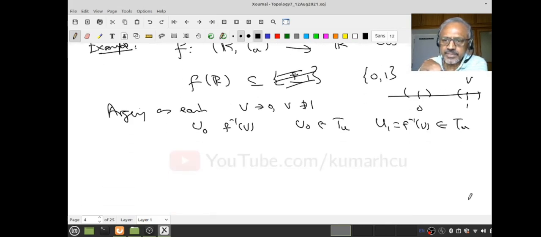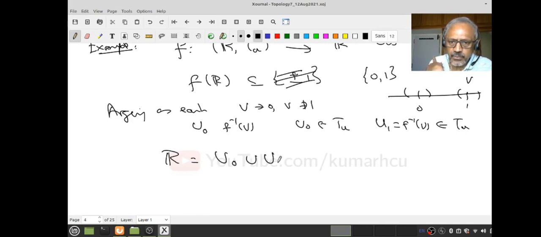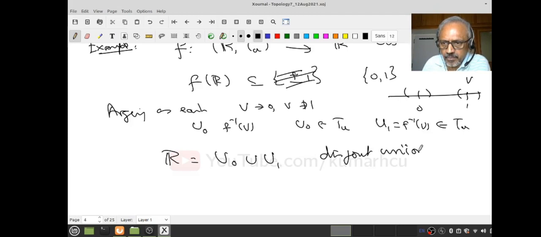Do you find something very interesting? Now notice that R is U0 union U1, and this is a disjoint union, because f takes only two values, 0 or 1.